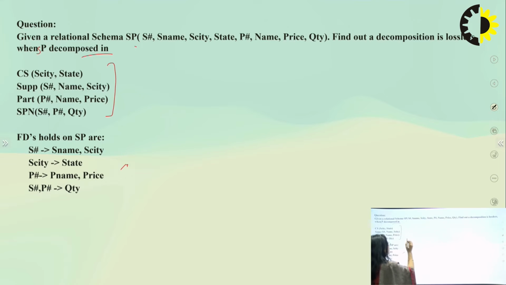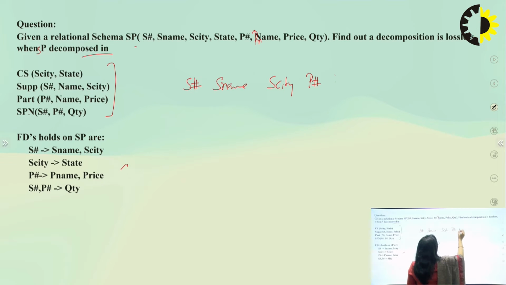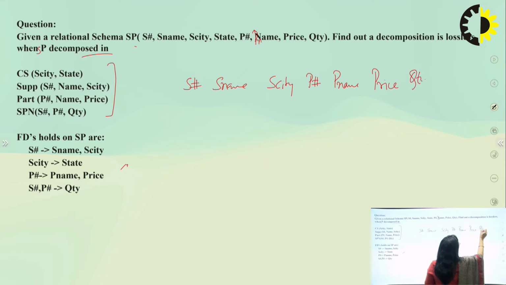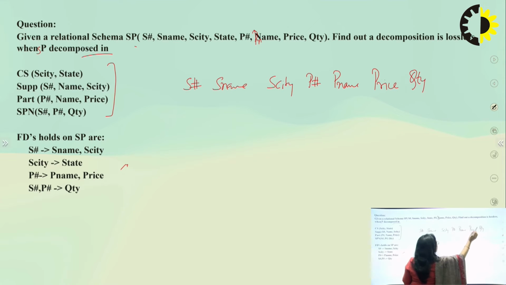Okay. So here on this page, we can make the matrix. For making the matrix, we are taking the attribute names: S hash, S name, S city, P hash, which is nothing but the P name, price, and quantity, right? 1, 2, 3, 4, 5, 6, 7.